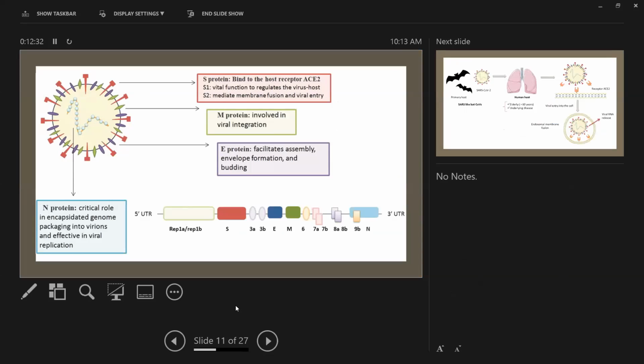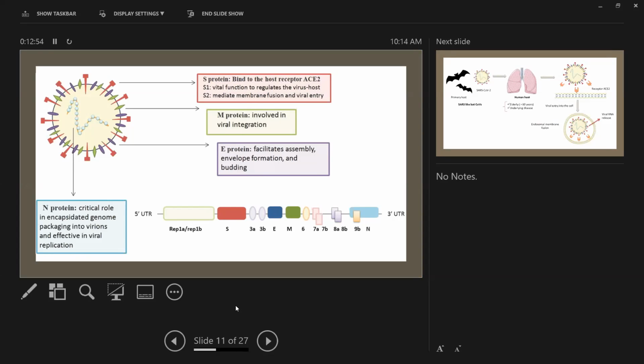So what does this virus look like? It has this envelope. This envelope is decorated with these proteins. This is a so-called S protein that's going to bind to the host receptor. The host receptor, the main one at least, is called ACE2. There's another receptor we'll talk about here in just a bit.